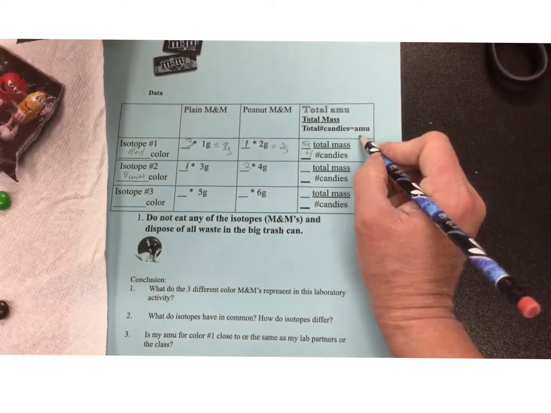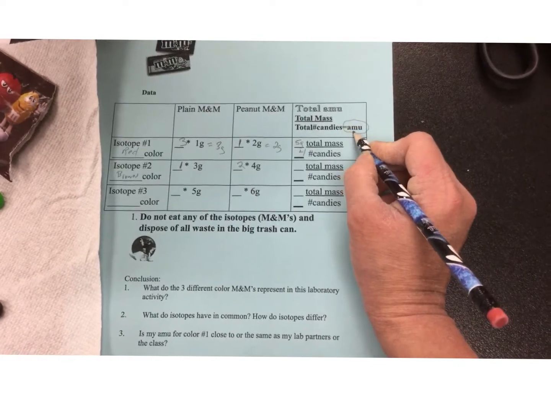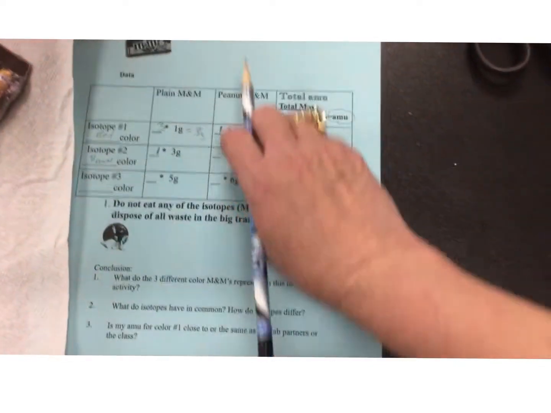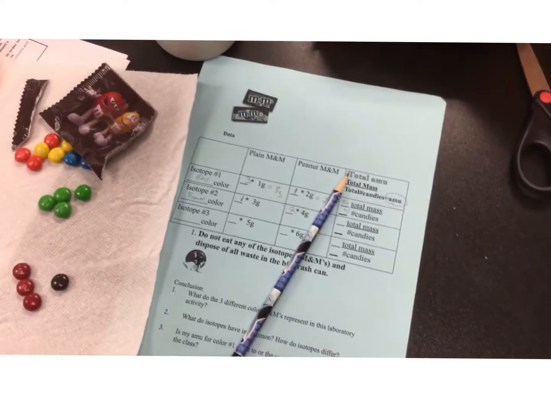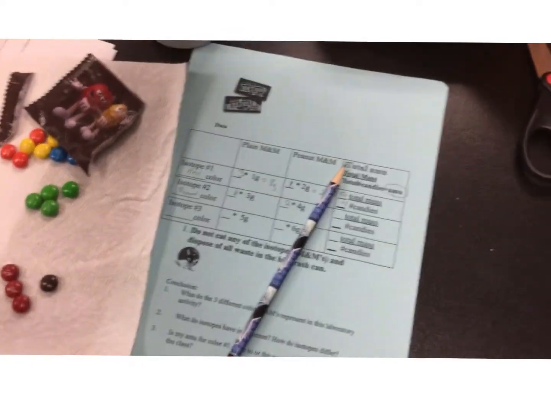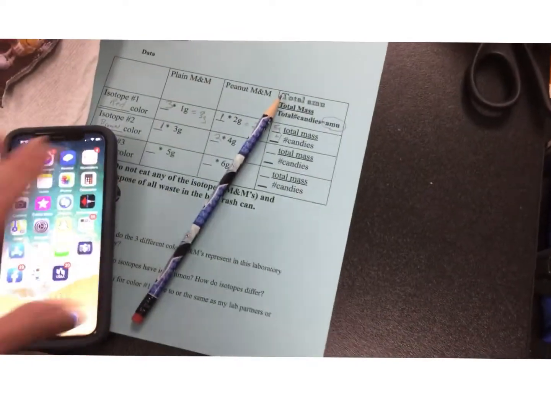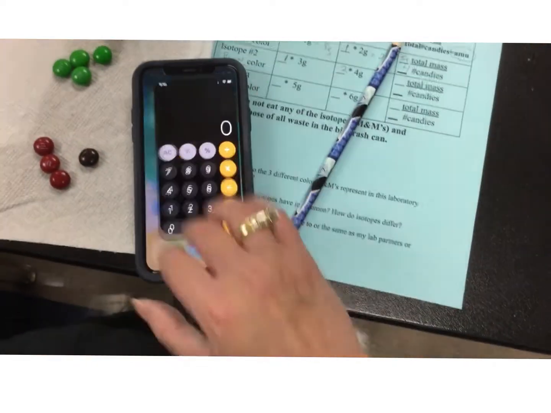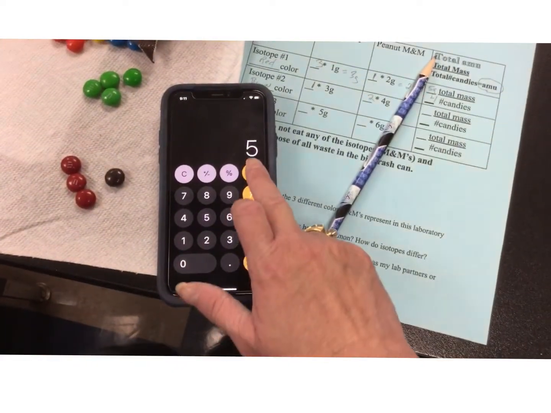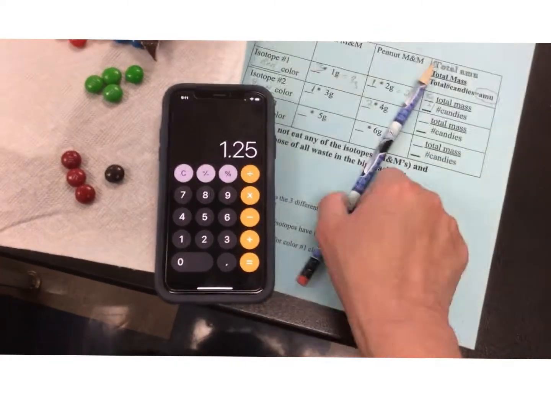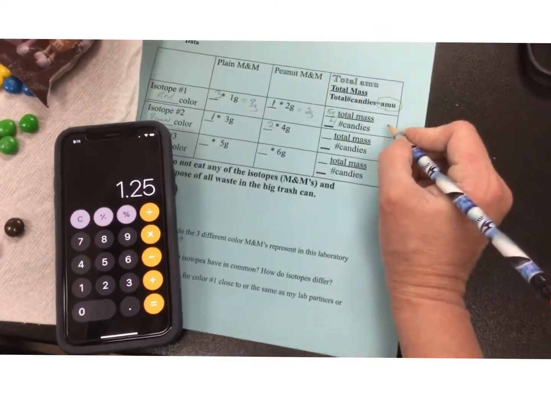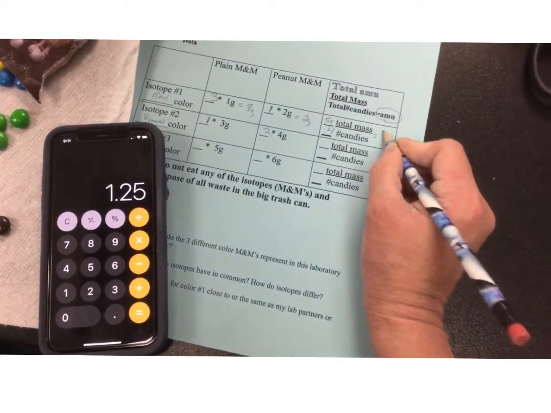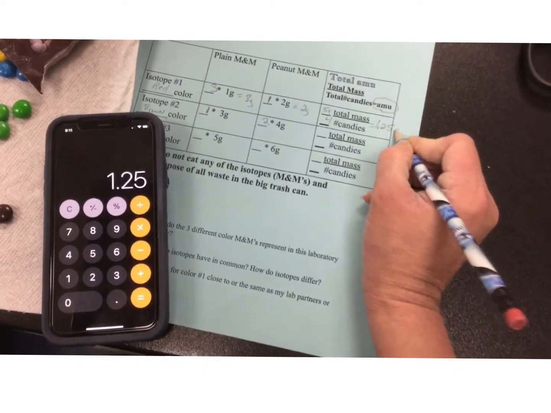So the way you're going to find your AMU is you're going to take that 5 divided by 4. Okay, so grab your calculator. How much is 5 divided by 4? Not just 1. Get your calculator. 1.25. Okay. So your total AMU is going to equal 1.25 AMU.